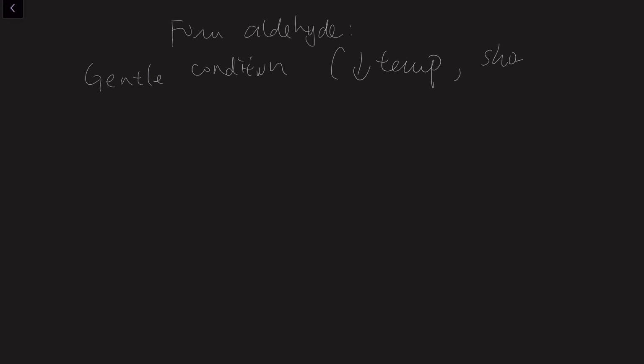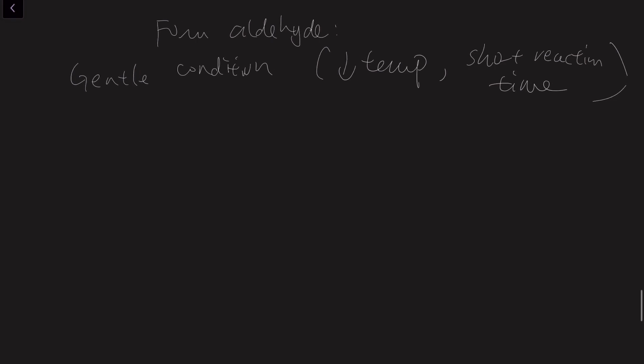If we want to form aldehyde, we need really gentle conditions, which means low temperature and a short reaction time. If the reaction time is very long and the temperature is high, then the alcohol will be converted all to carboxylic acid, and we do not have any aldehyde available.